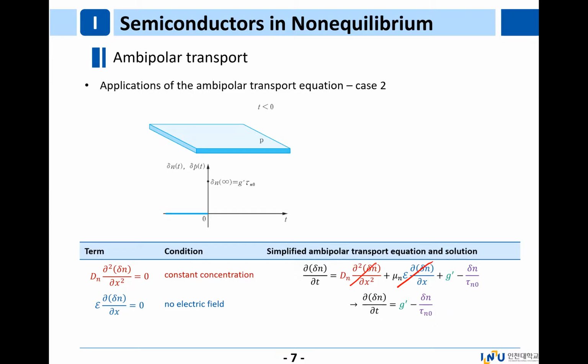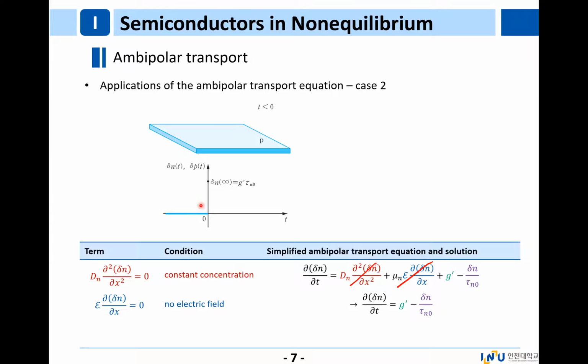Therefore, the ambipolar transport equation can be expressed as follows. The difference from the previous example is that in this case, the generation of excess carriers occurs as we start illuminating the sample.